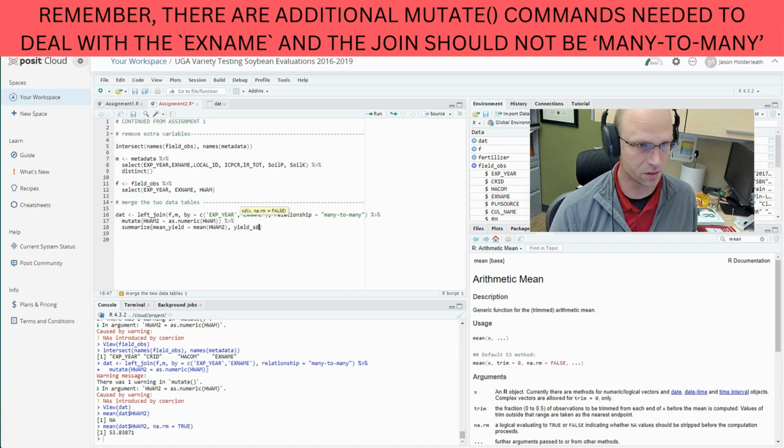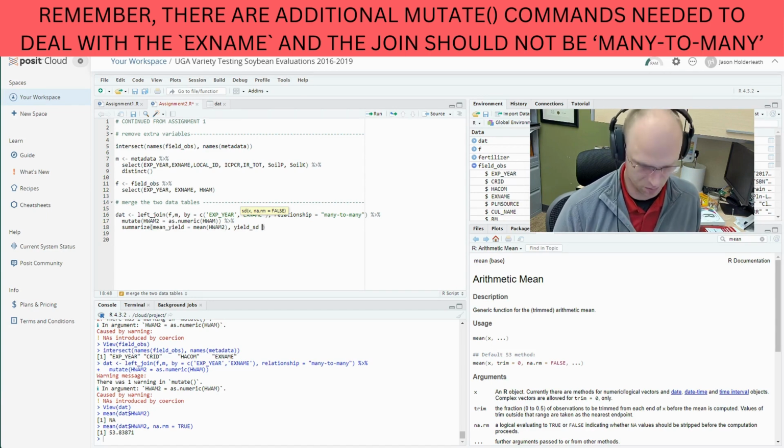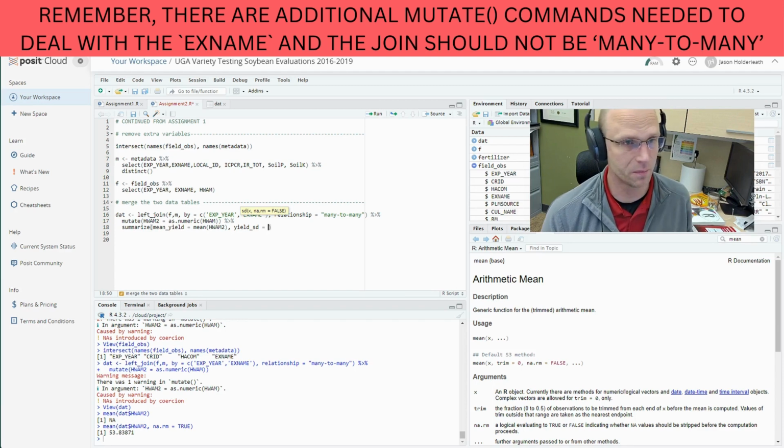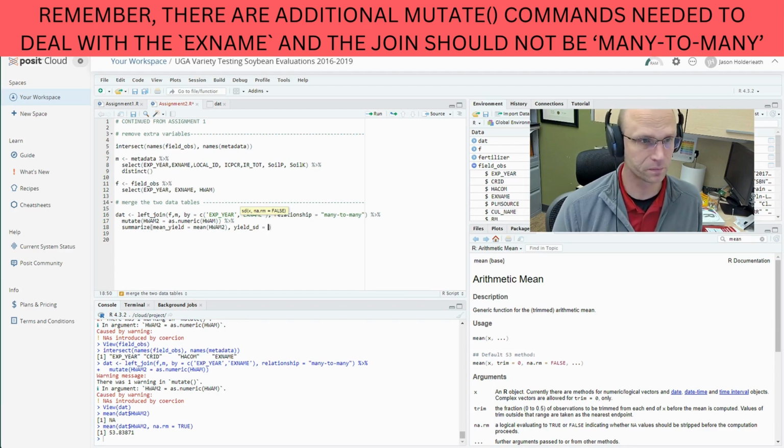Actually, I should do this differently because we're going to end up taking multiple means and standard deviations, and it would be helpful to have them grouped by the variable instead of the operation.